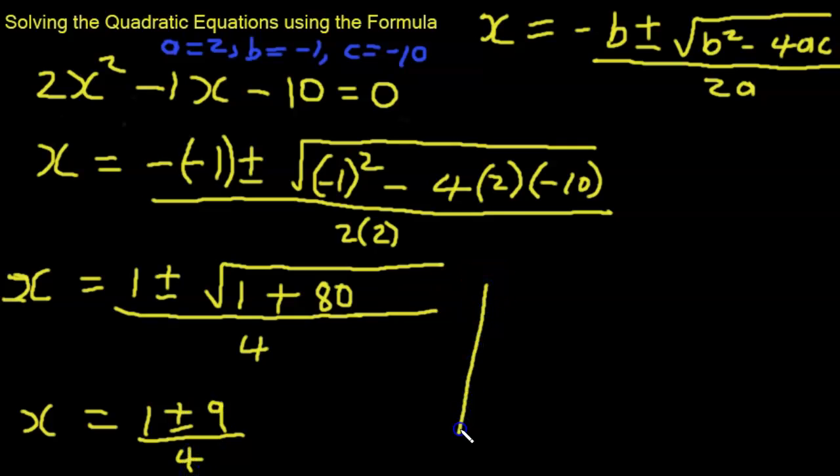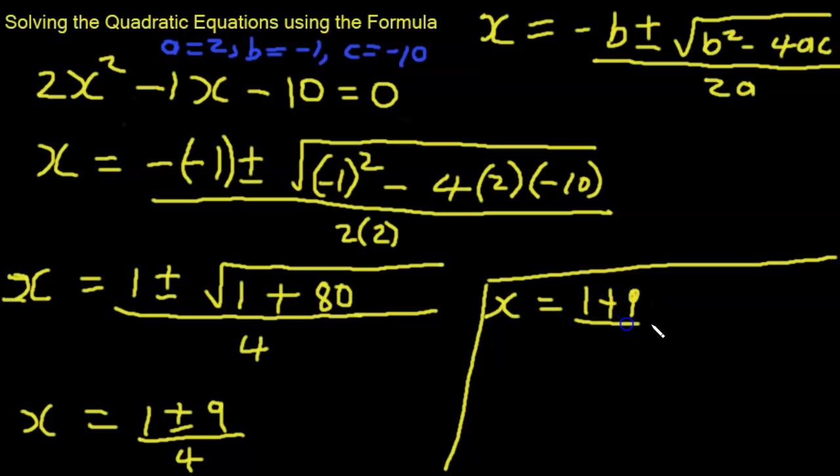So therefore, let's just separate this. x equal to, in one case you add, 1 plus 9 over 4, or x equal to 1 minus 9 over 4.